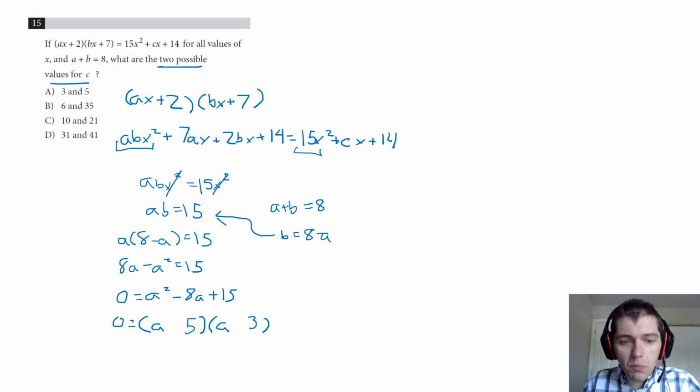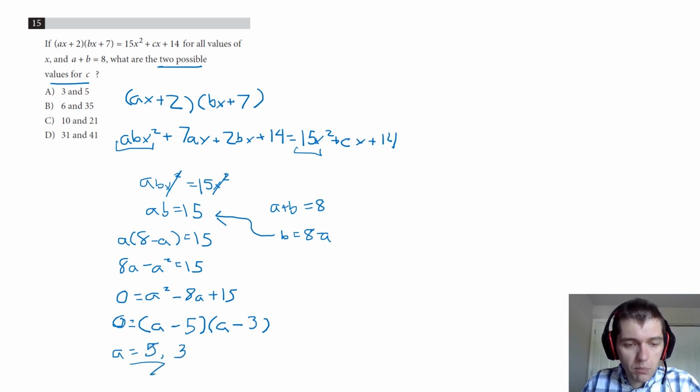And they have to add up to be positive, but your middle term is negative, which means that you will have both of these as negative numbers, and that is your factored expression, which means that for this to equal 0, A minus 5 has to be equal to 0, and A minus 3 has to be equal to 0, which means that your two possible values of A is equal to either 5 or 3.